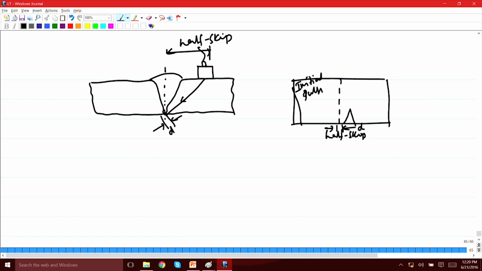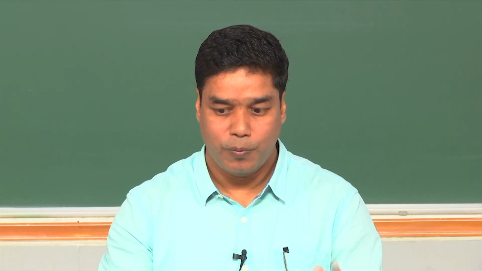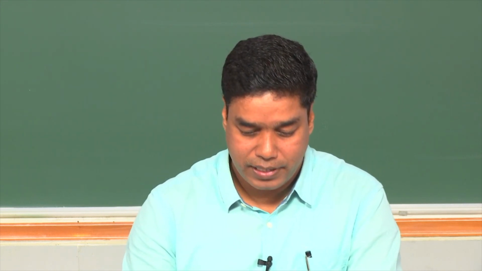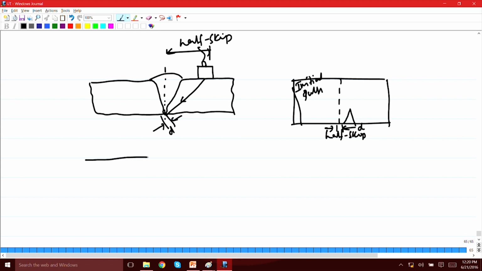Okay. So this is how, in case of weld inspection by angle beam probes, the reference will be the half skip. Let us say, for example, if you have a defect, some kind of root cut or lack of fusion, due to which there is some improper fusion between the plates, and at the root there is an opening like this.